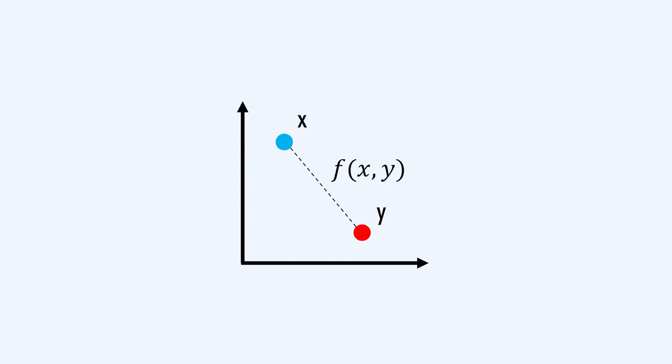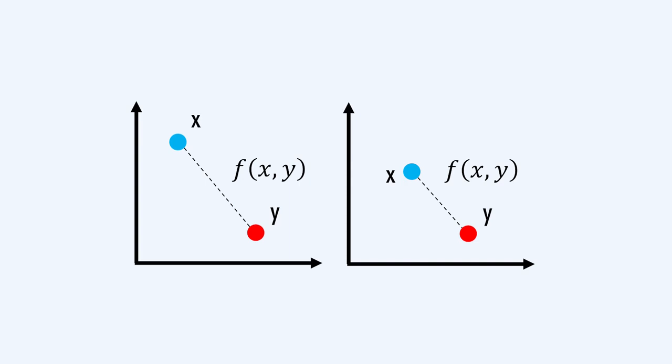Formally, a distance function is a function f that accepts two arguments, observation 1, vector x, and observation 2, vector y, and that returns a non-negative real number that defines how far away the two observations are. The smaller the distance, the closer the two observations are, and the larger the distance, the farther apart.